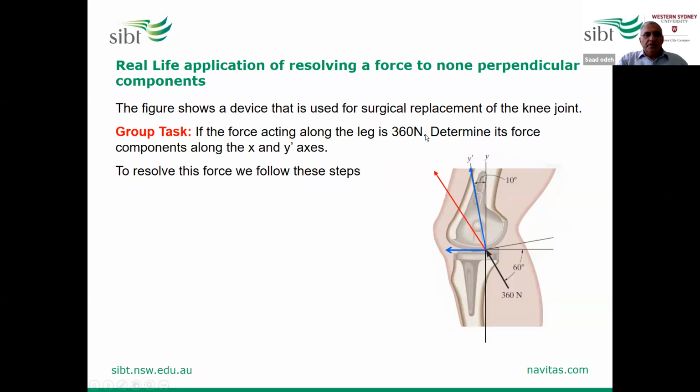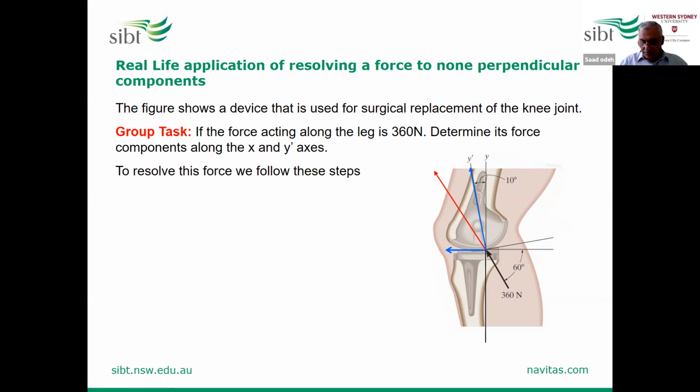There are so many real-life applications using force system analysis. For example, this figure represents an example of surgical replacement of a knee joint.